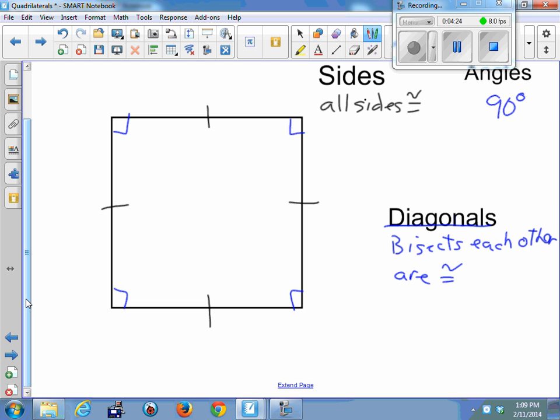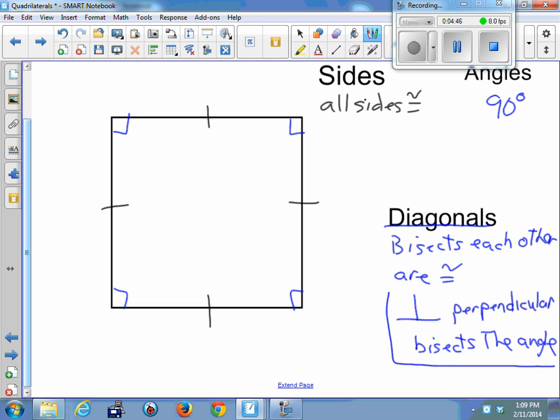The diagonals are actually perpendicular, and there's one more thing: they bisect the angles. So these are the two new ones that come in with a square.